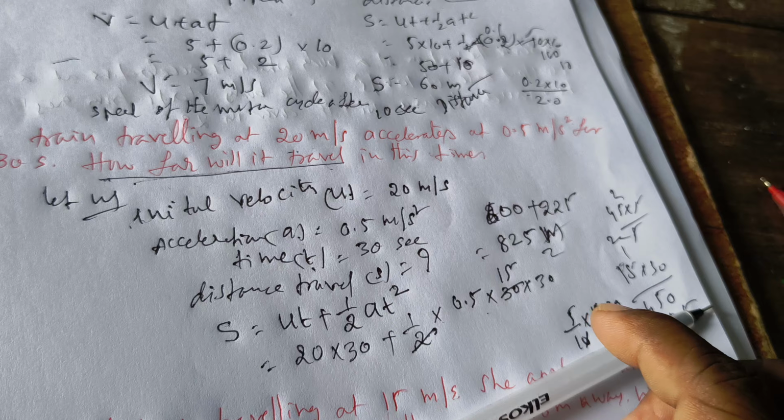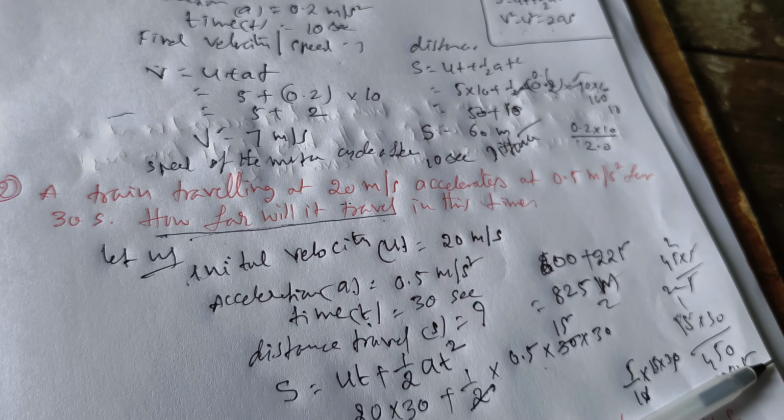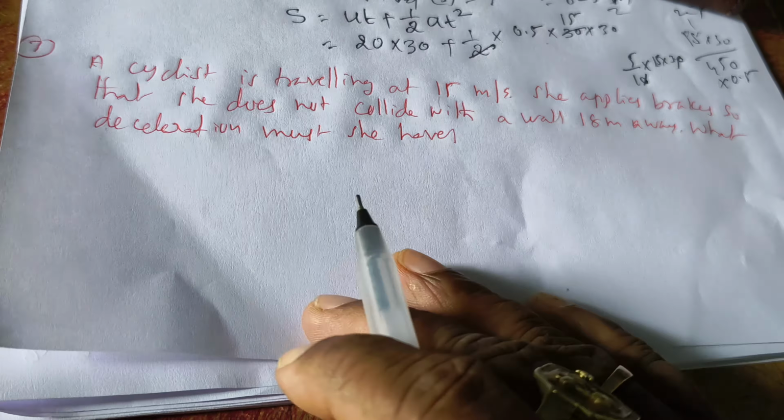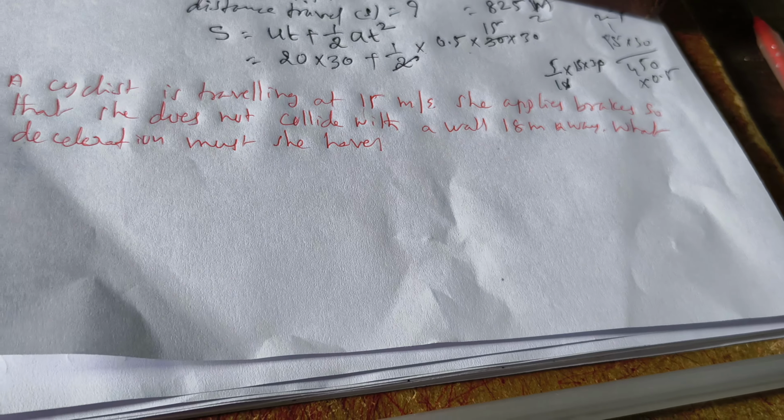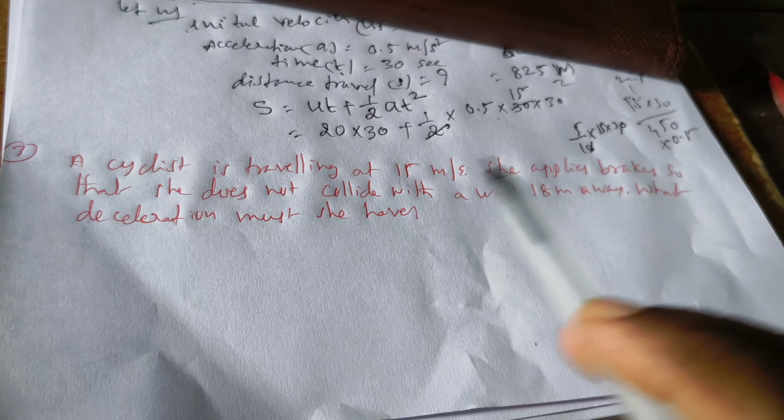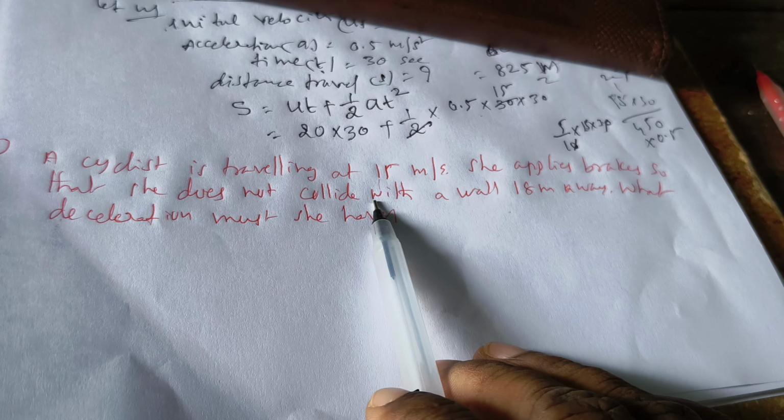Let's select the suitable formula. Right, next problem. A cyclist is traveling at 15 meters per second.